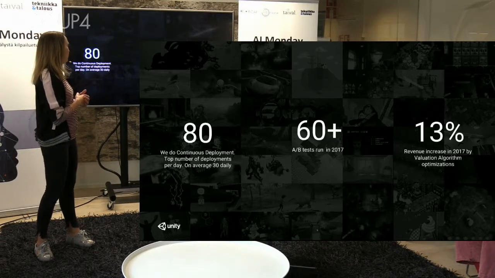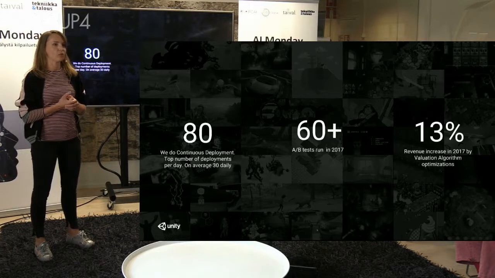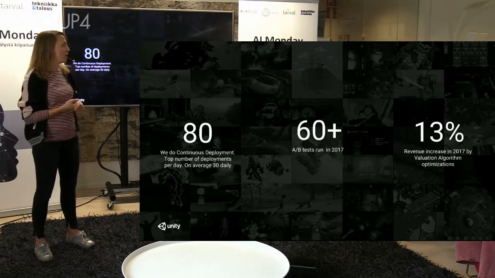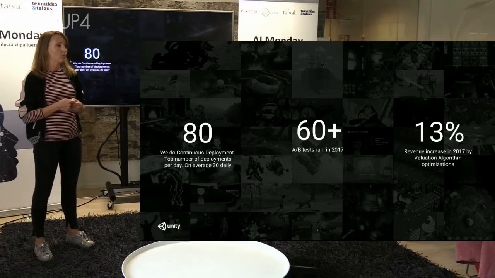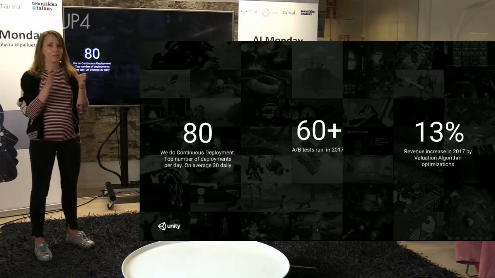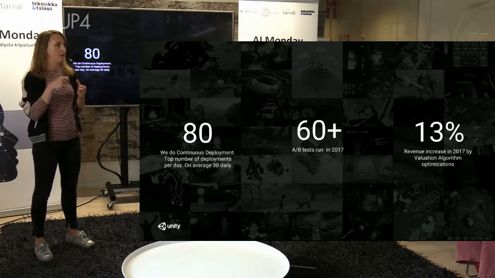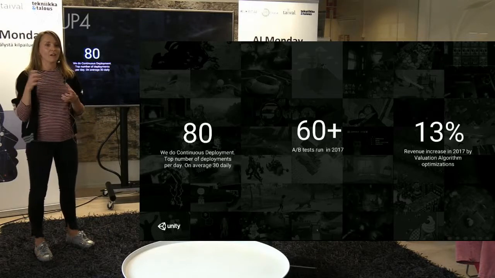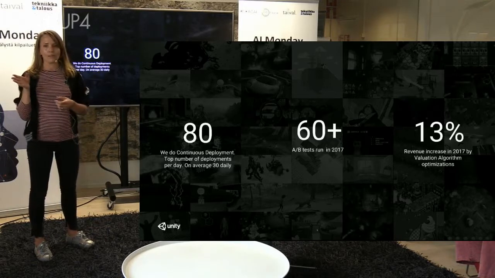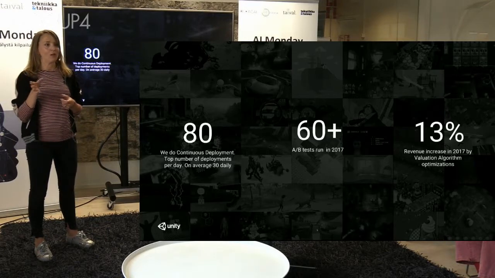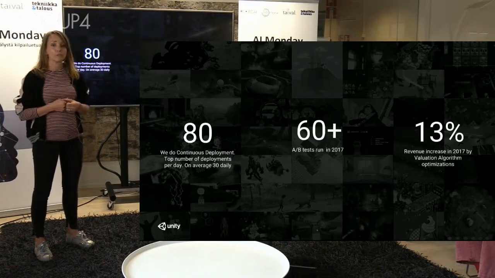Even more important is that in 2017, we ran more than 60 A/B tests live in production, which means that we always take small new things and bring them into production, experimenting with them as soon as possible. Every time we get something positive out of there, we know this is the right direction to go.